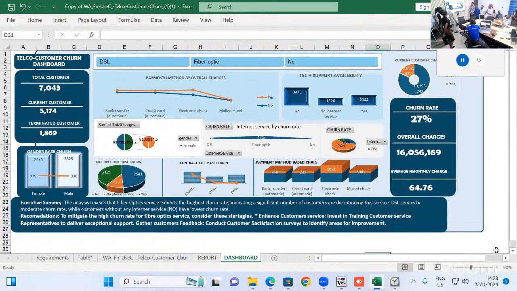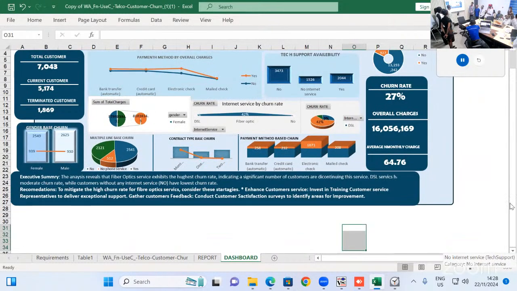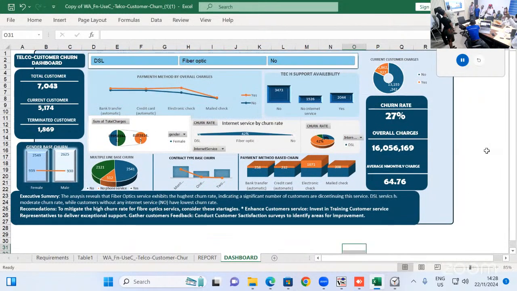Looking at this dashboard, just as my colleague has earlier said, the telecommunication company has been experiencing disconnecting customers. That is what we mean by churn. So we analyzed this dashboard, and it has revealed that a certain percentage of customers left this company. They no longer patronize their services.